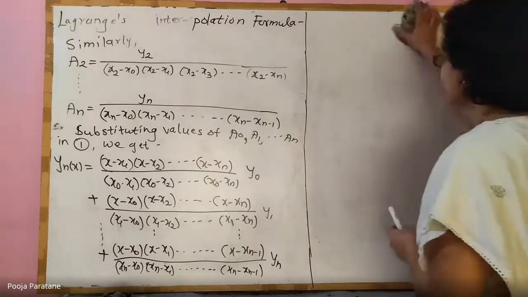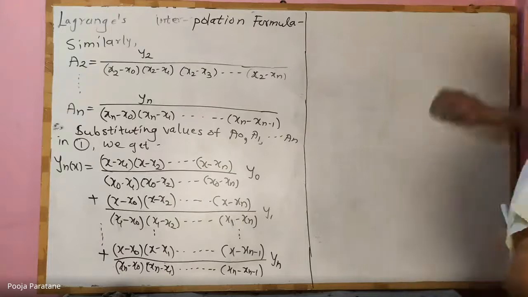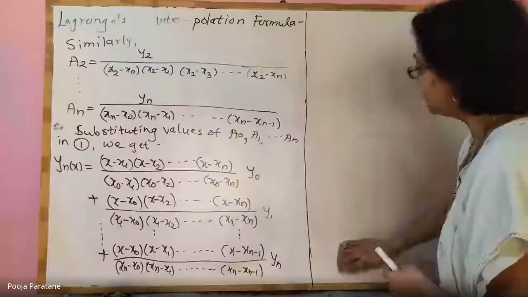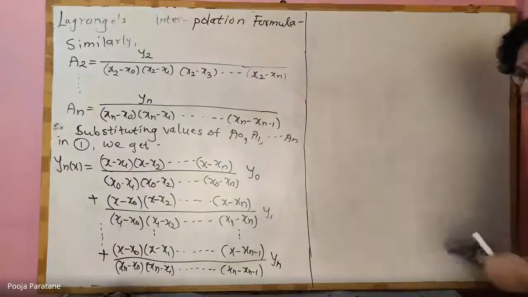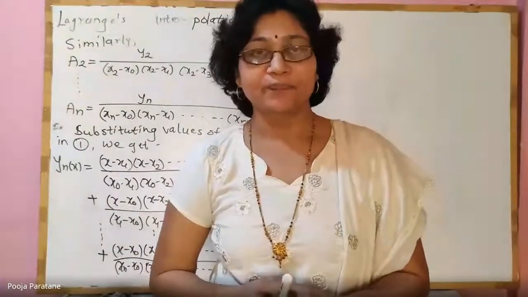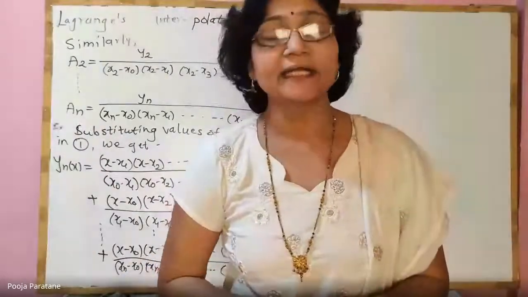So here it doesn't matter whether the data is equally spaced or not. Actually, using Newton's forward as well as backward interpolation formula, if the data is equally spaced, then we can find the equation of the curve or formula for the curve, or easily find the value of y at a given x which is not in the tabular values.